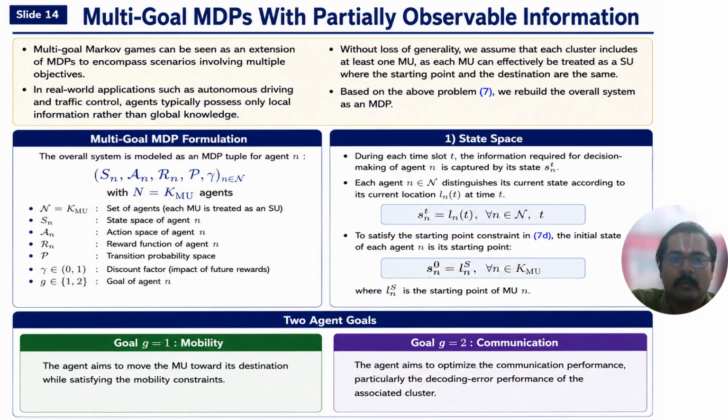Now this problem is difficult to solve using traditional optimization techniques. So we model it using a partially observable Markov decision process. Again, RL theory, reinforcement learning theory: what is state, action, reward, transition probability, discount factor?